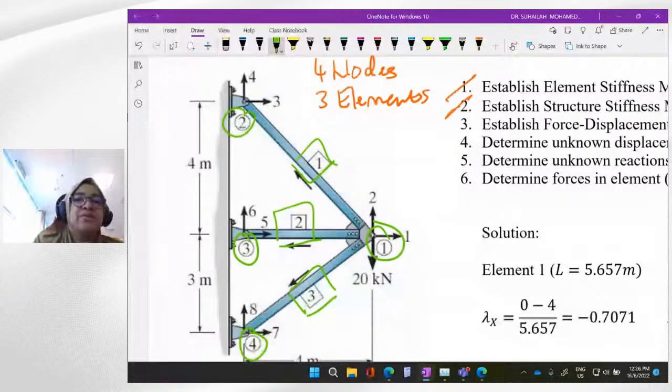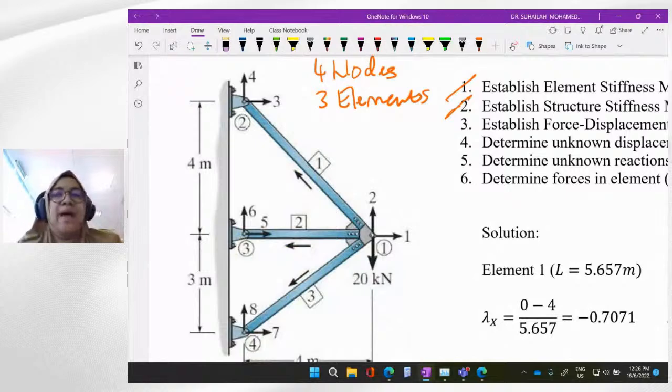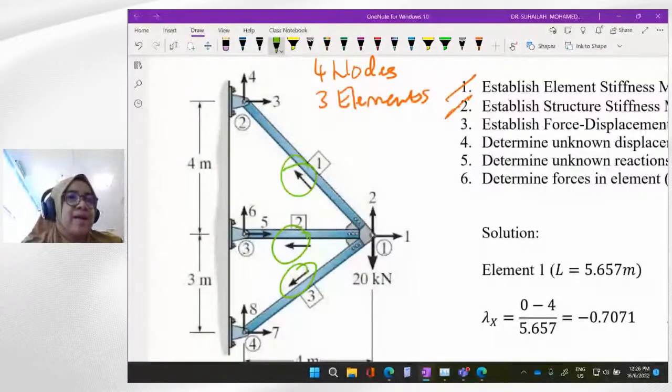Besides nodes and elements in the diagram, we have to have the arrow as well. The arrow must be put parallel to the member, to the element. The best thing is we can put the arrow in any direction that we like.